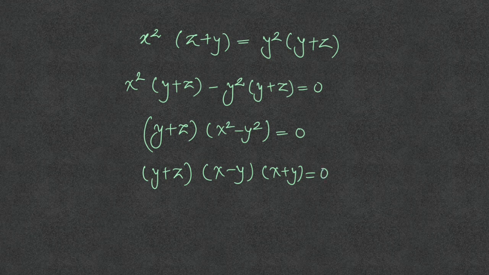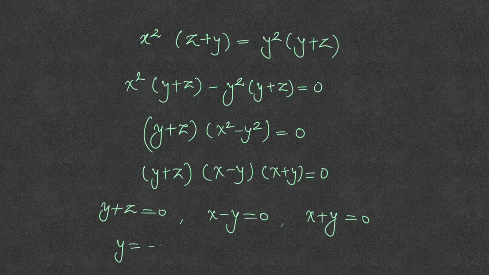From here I can write either y plus z equal to 0, or x minus y equal to 0, or x plus y equal to 0. From here y is equal to minus z, x equal to y, and x equal to minus y.